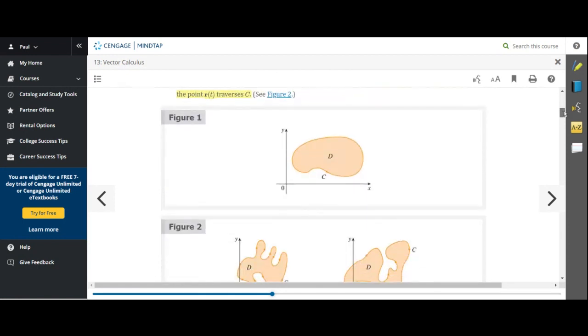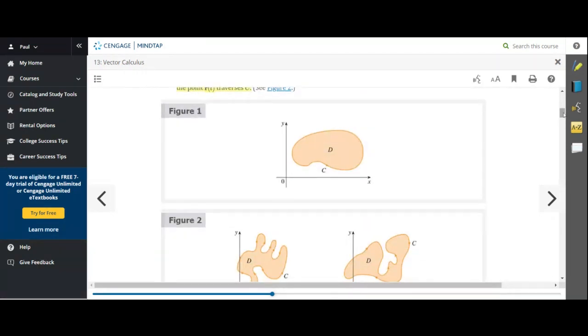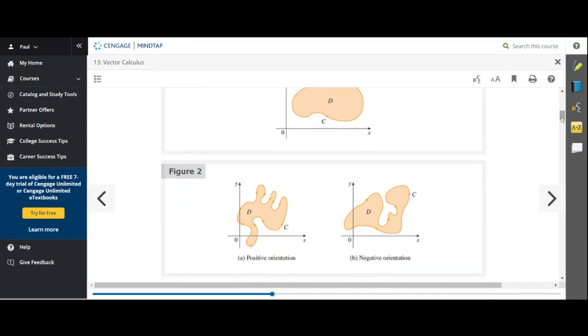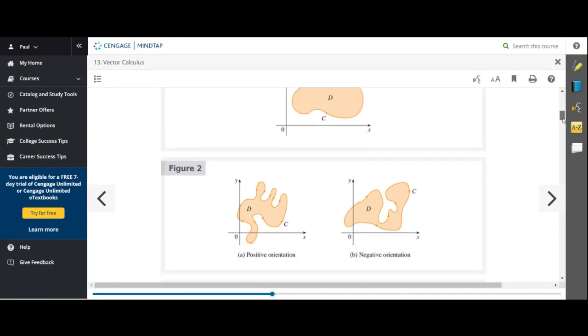So this would be figure 1. Okay, figures 1 and 2. Yeah, they give simple closed curves. Well, let's look at figure 2.